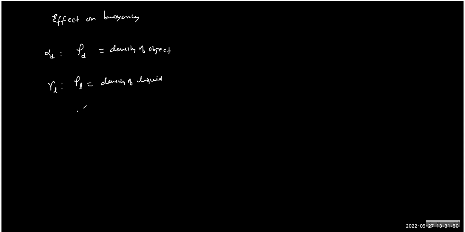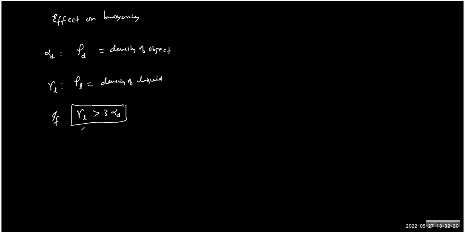If gamma L is more than 3 alpha D, what does it mean? The liquid will expand faster than the object. And if the liquid expands really fast, it will become lighter, rarer actually. And therefore, the density will fall rapidly. So if density falls rapidly, then the buoyant force will decrease, because the object is not expanding as fast.